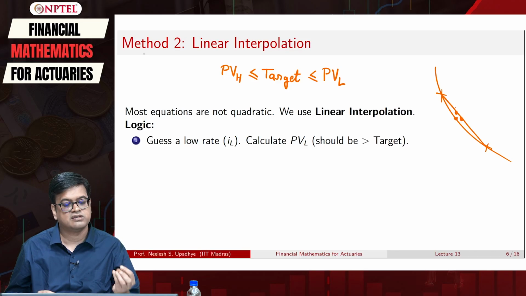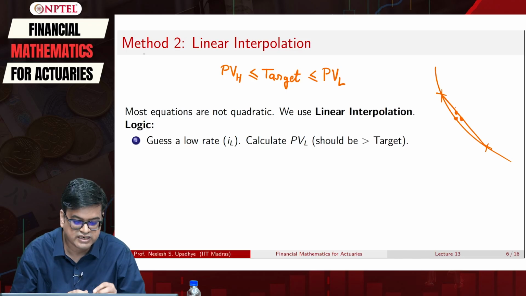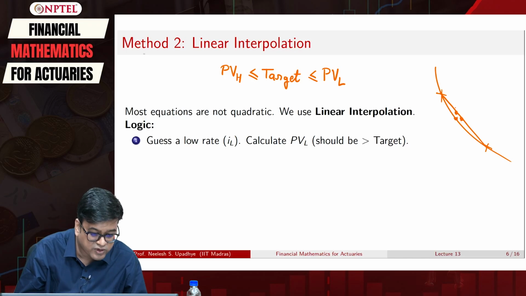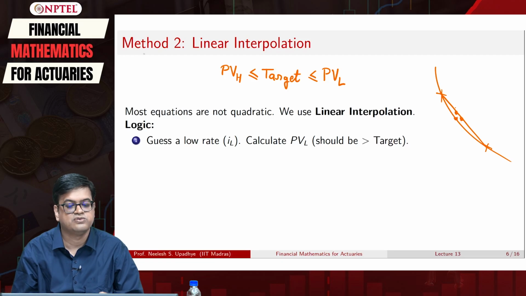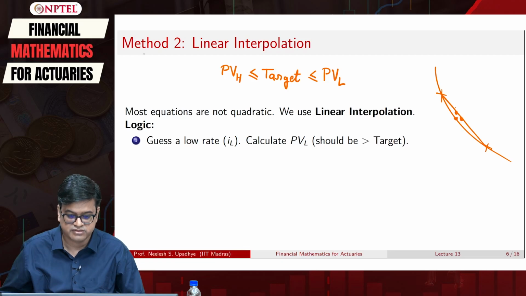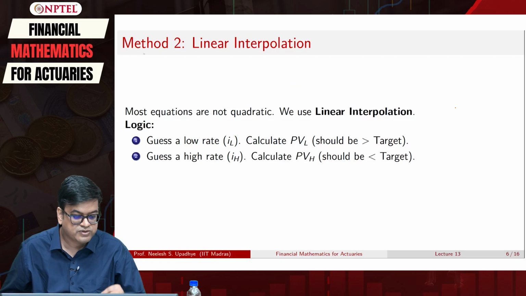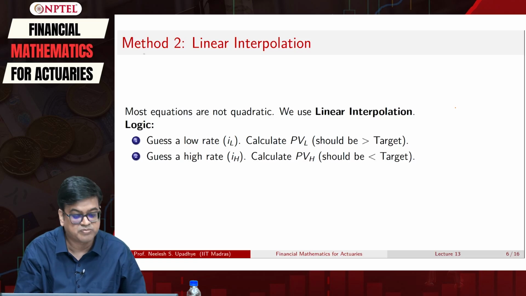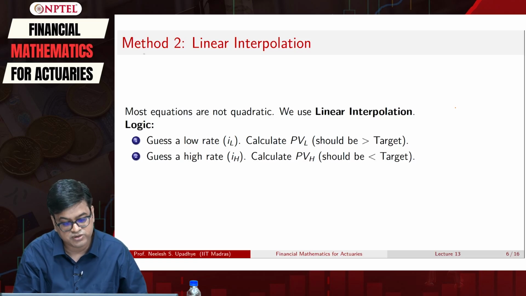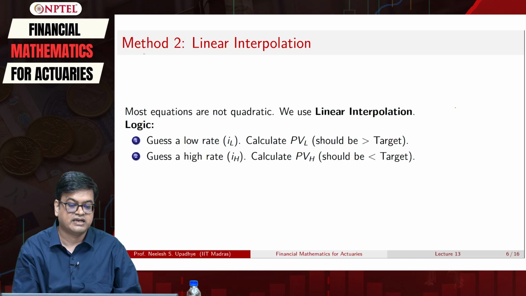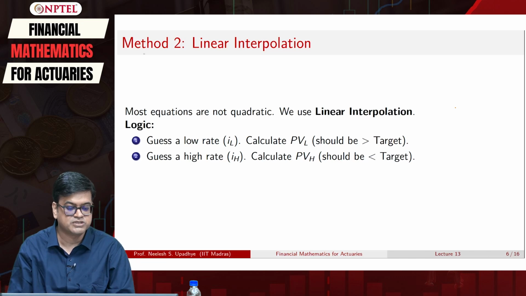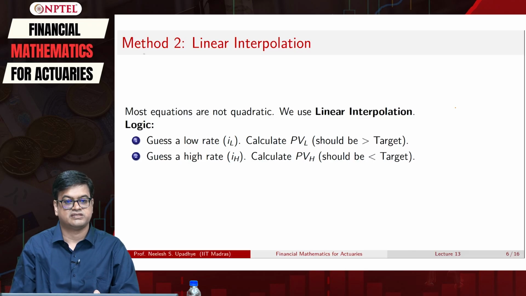Okay, so the first step is you first guess the interest rate, you will get the present value. Because you have guessed the lower interest rate, the present value should be above the target, and then you guess the higher interest rate. Because you have guessed the higher interest rate, present value should be below the target, and that is how you will trap this present value into two regimes where you know the interest rates.